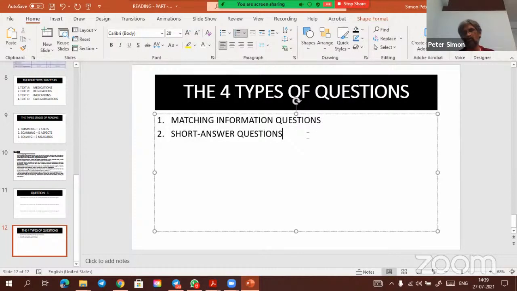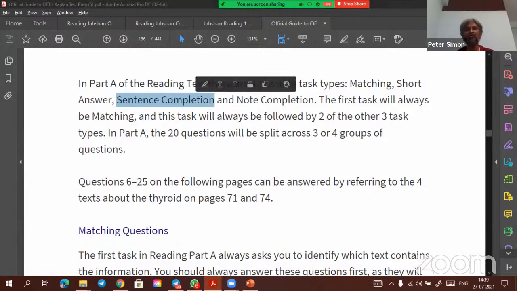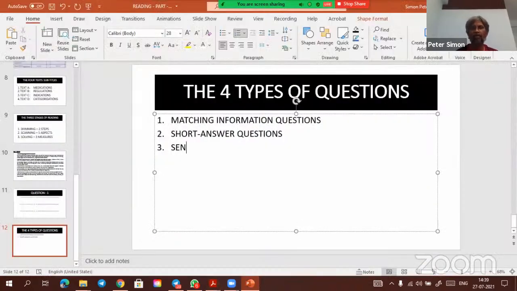Second one is short answer questions. Third one is sentence completion, which means there will be a sentence and it is incomplete. Sentence completion questions.